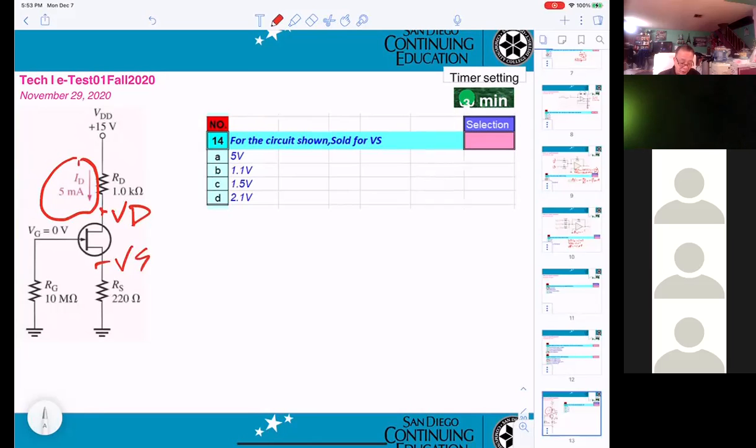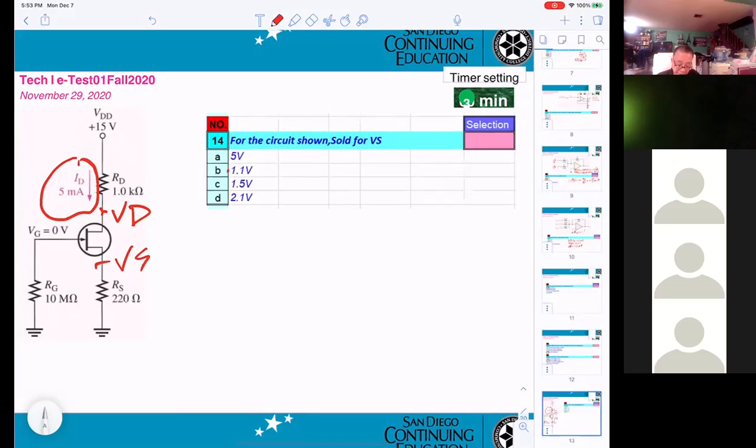So the currents ID and IS must be equal. So you get 5 milliamp times 220 ohm. Okay, this is question number 14. Answer will be B.